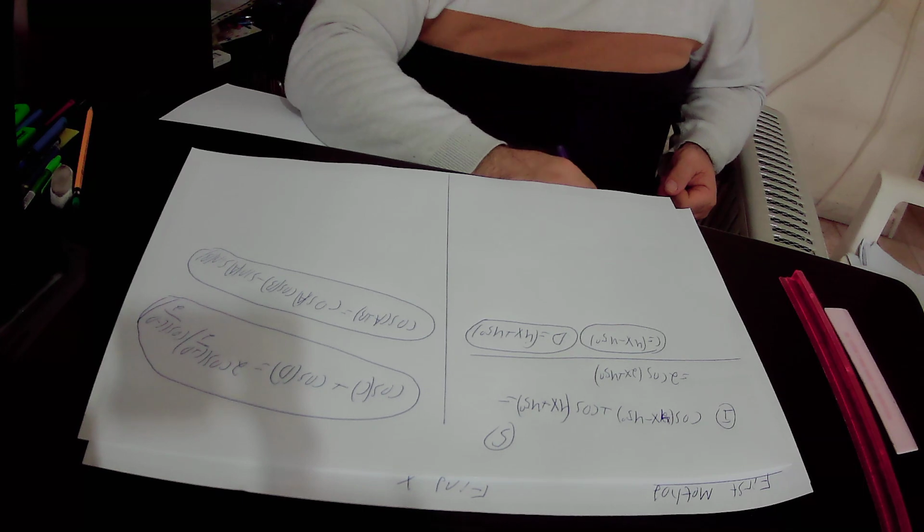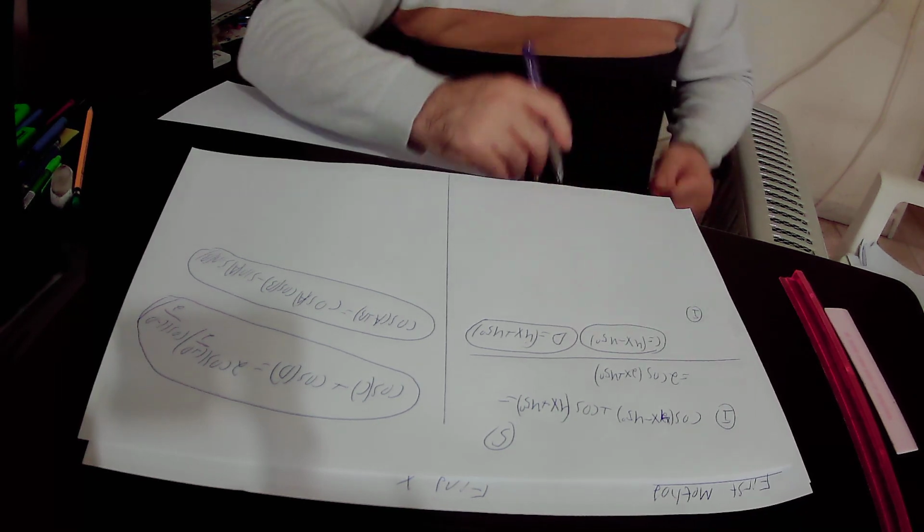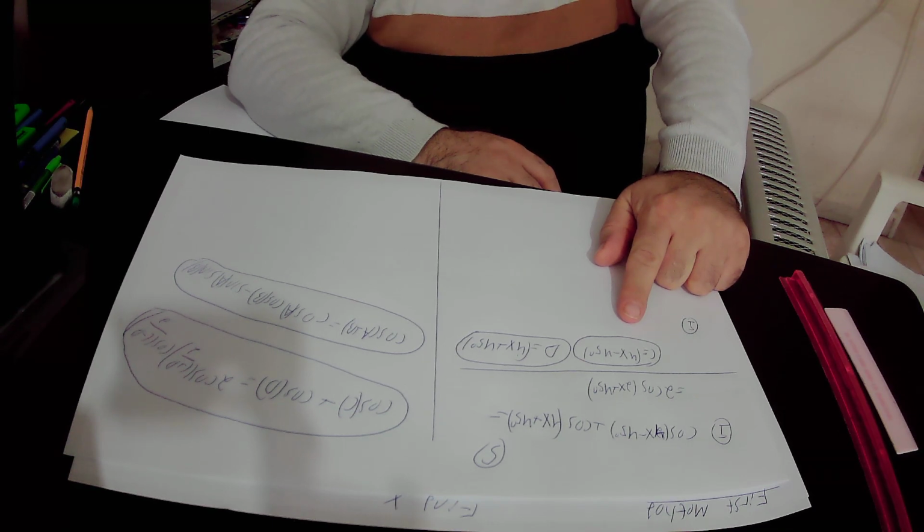So cosine C plus cosine D is 2 cosine C plus D over 2. C is 4x minus 45 degrees, and D is 4x plus 45 degrees.